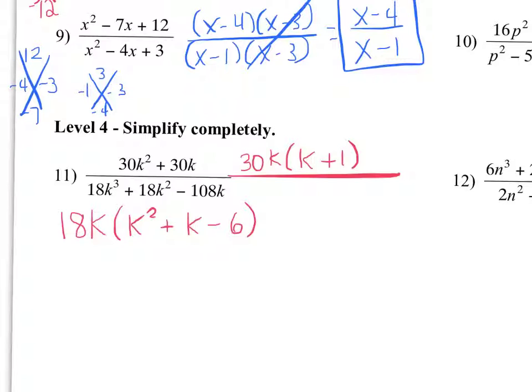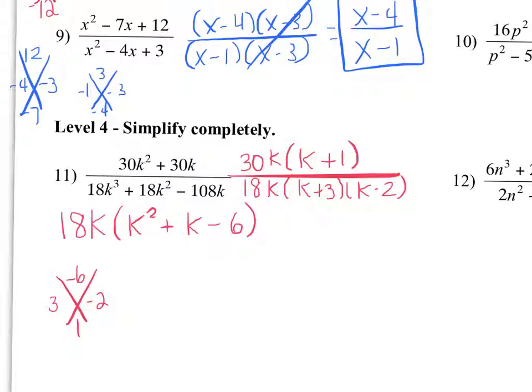So we'll factor the bottom. We've got this 18k out here. And then we need two numbers that multiply to give us negative 6, but add to give us 1. So that would be a 3 and a negative 2. So in parentheses, you've got k plus 3 and k minus 2.